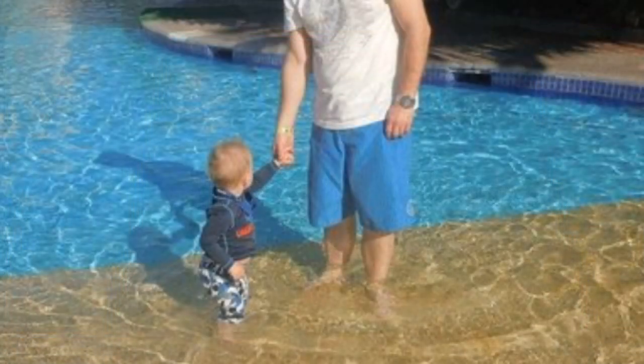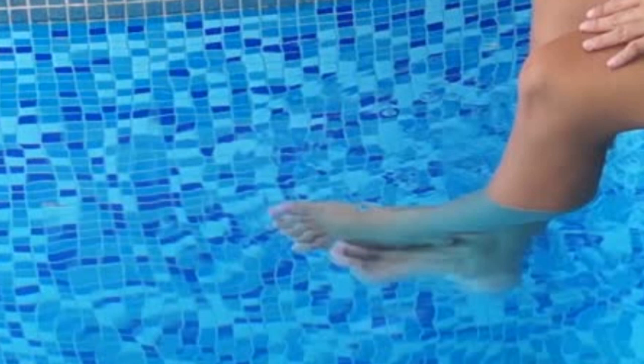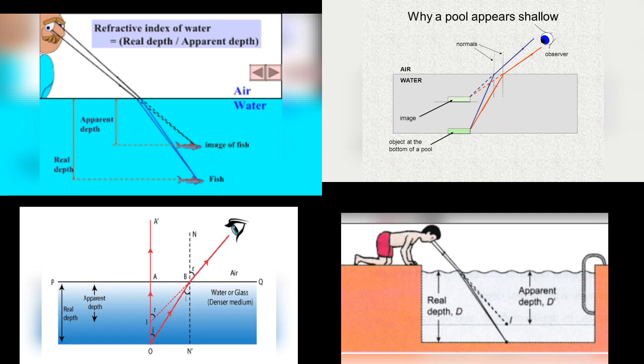Similarly, a water tank appears shallower than its actual depth, and also a person's leg appears to be short when standing in a pool or a water tank. Here, in all these cases, the rays bend away from the normal and hence the image is raised or shifted from the original position. Now we can look at the factors affecting the shift.